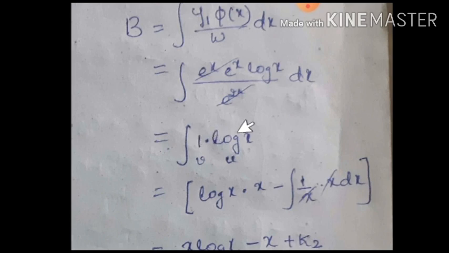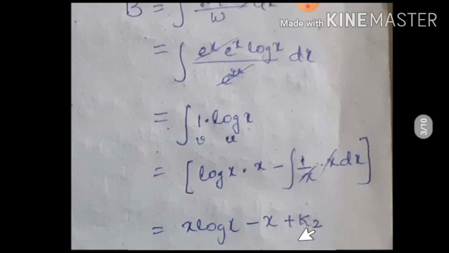So apply integration by parts formula, u as it is, log x as it is, then integration of 1 is x, minus integral of differentiation of log x is 1 by x, integration of 1 is x. Simplify: x into log x minus integral of dx is nothing but x plus k2, constant of integration.